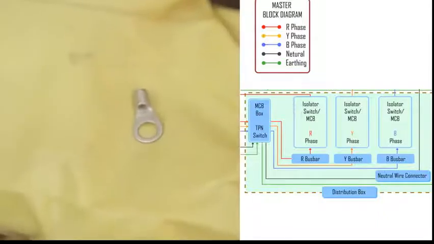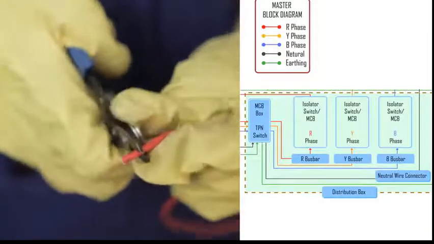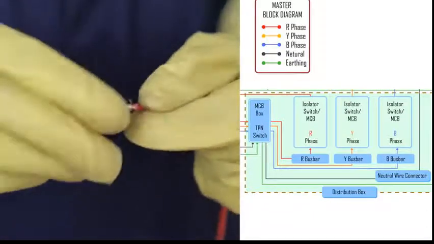To connect it, take a 2.5 square mm wire lug and connect it at the stripped ends of all the phase wires by using plier.